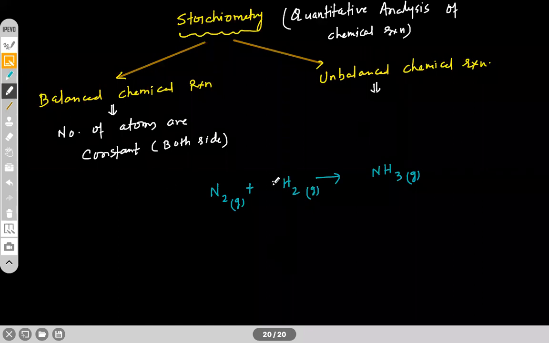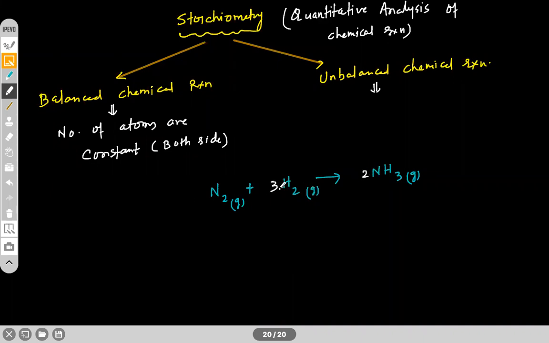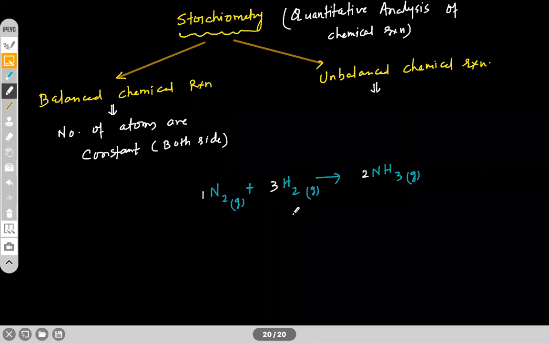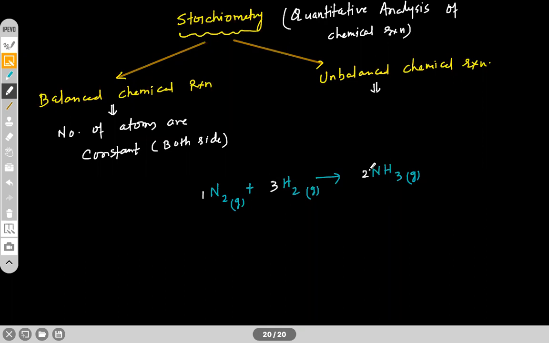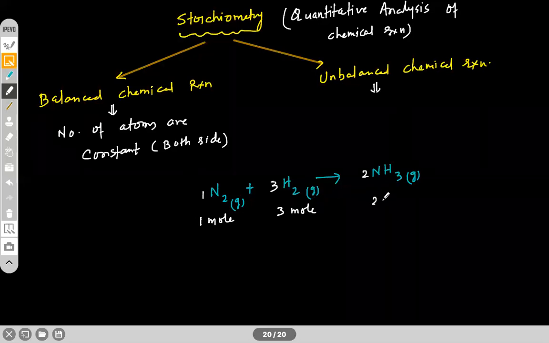We have 3 moles of this and 2 moles of this. Again, these 1, 3, 2 are the ones we generally do not write, but I'm writing them down to make you understand. So what we can say from this relation: 1 mole of N2 reacts with 3 moles of H2 and gives 2 moles of NH3.